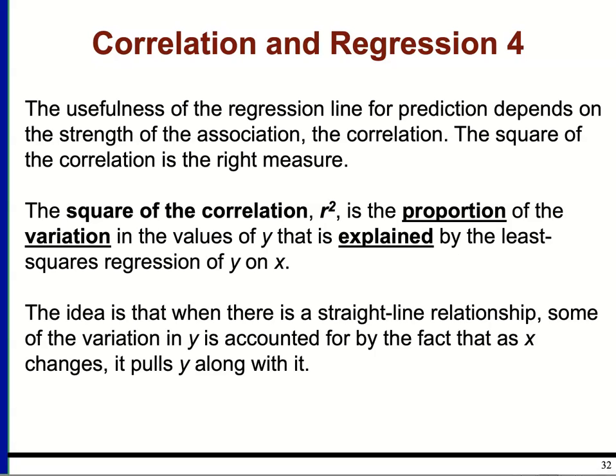So with that in mind, we need to recognize that the usefulness of a regression line for predicting depends on the strength of the association, which is the correlation. So we're going to actually square the correlation to find a very important measurement for us to use. So the square of the correlation, which is just the correlation squared, you simply square the value for the correlation.